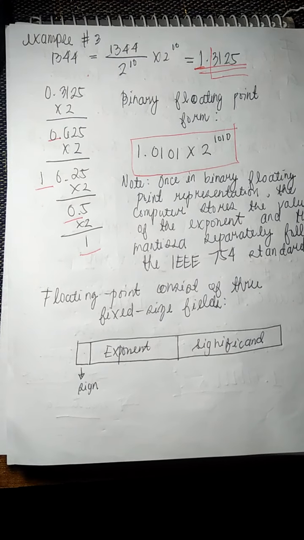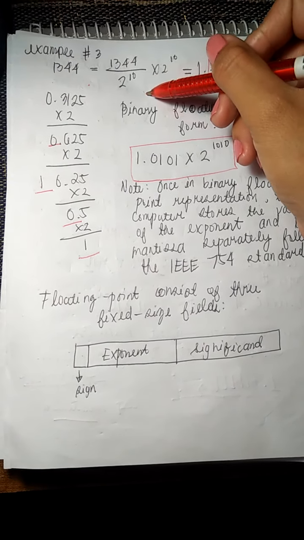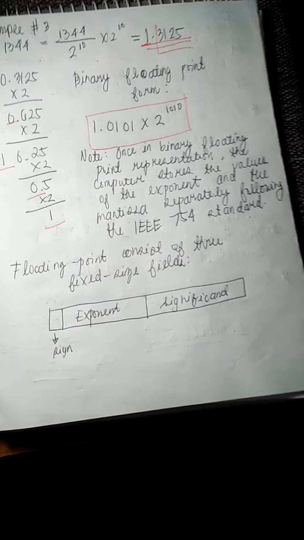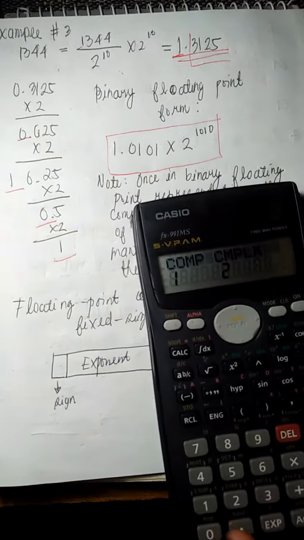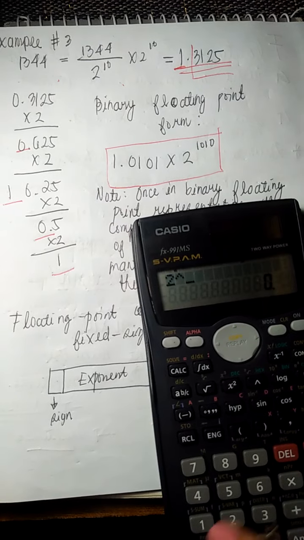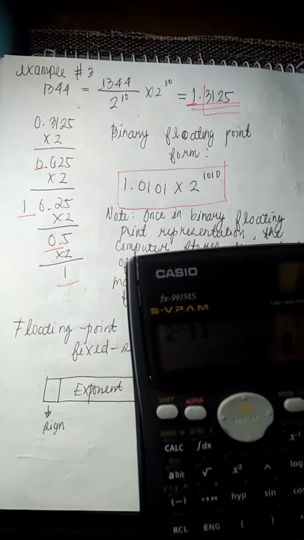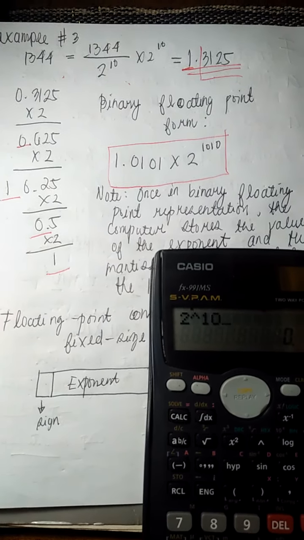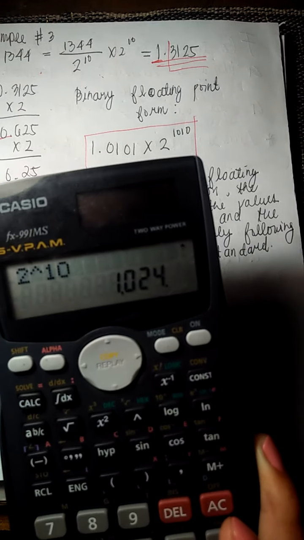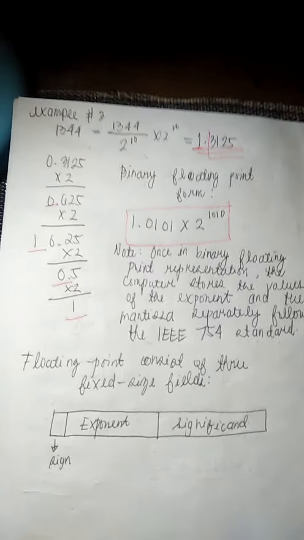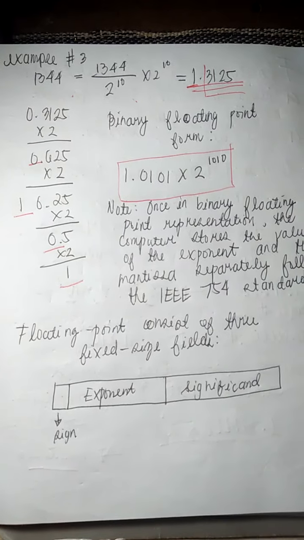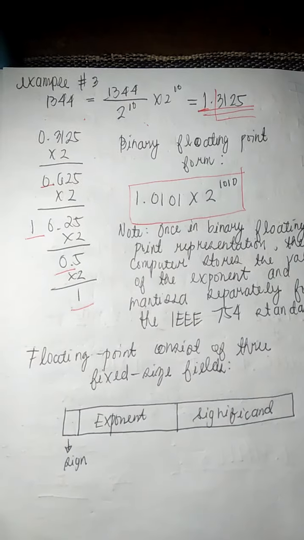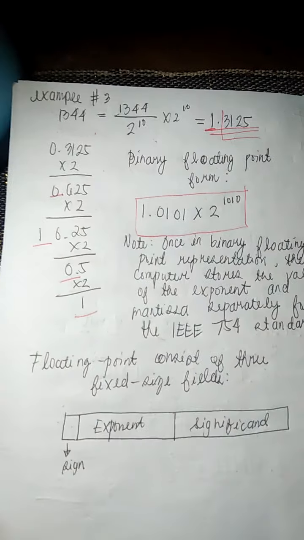The largest power of 2 is 2 to the 10, since 2 to the 11 is 2048, which is too large. 2 to the 10 is 1024, which is the closest. So the result is 1.3125.